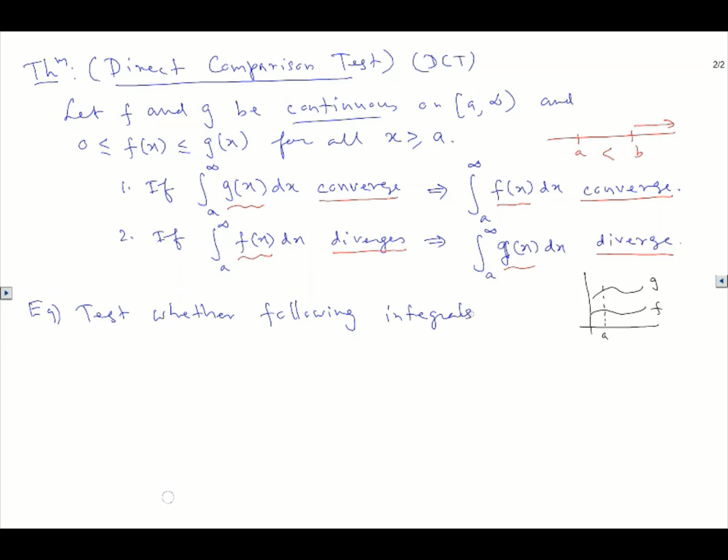That's the question. So let's look at the first one. The first one is the integral from 1 to infinity of sine squared x over x squared.